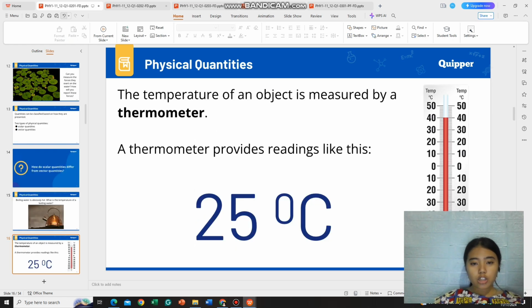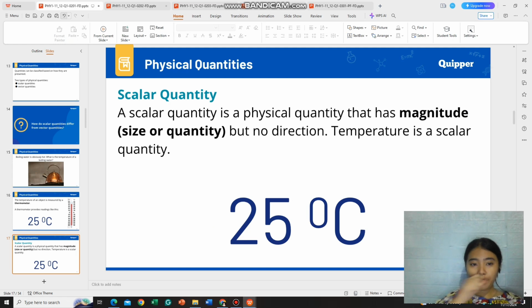So, let's say the temperature of an object is measured by a thermometer. This is a scalar. See, no direction is shown, just a single number and a unit. So, a scalar quantity is a physical quantity that has magnitude, size, and quantity, but no direction.